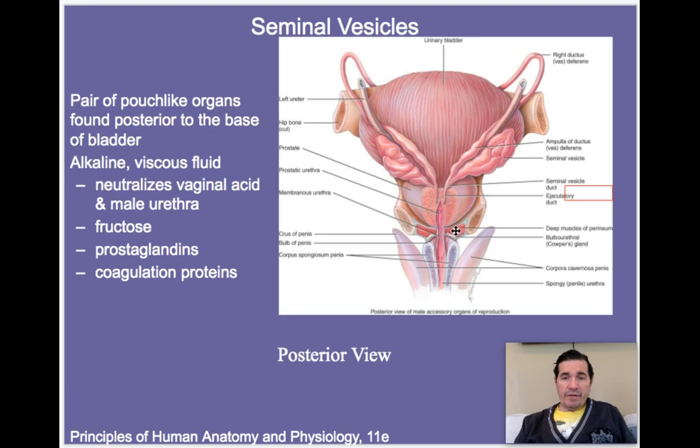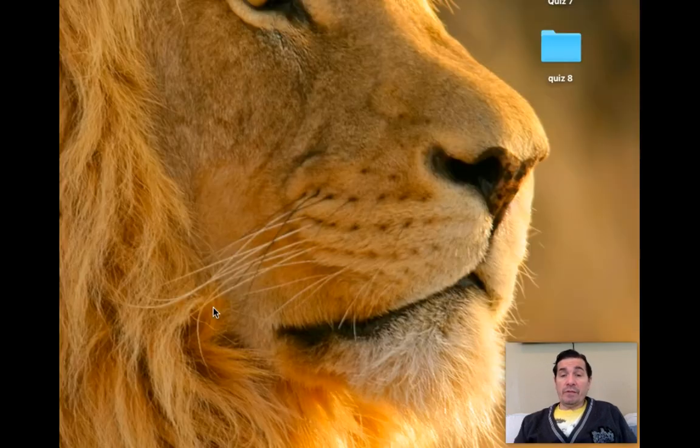So it's very tiny. This is important because remember, if we have an ejaculatory event, the male's sperm will need energy, so it will need the sugar, the fructose, to allow for the movement.